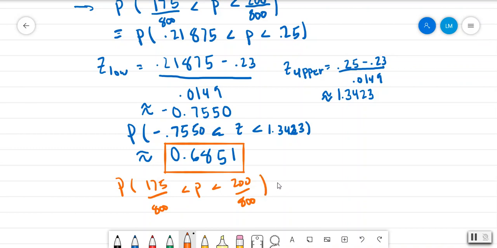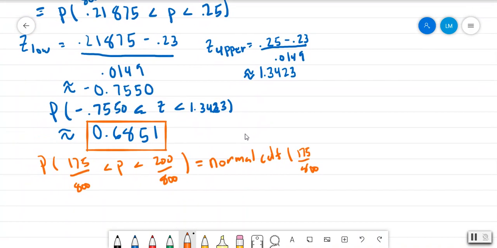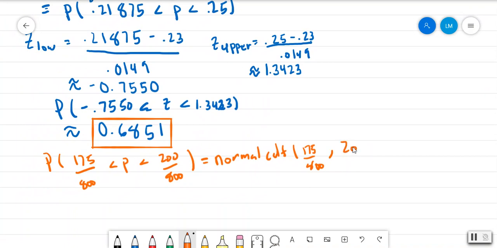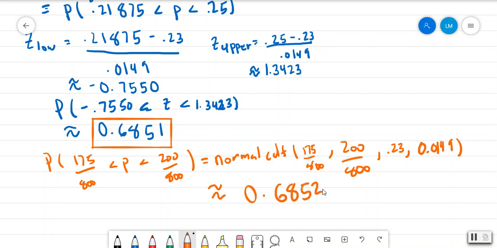I'm avoiding using the z-score. So we have normal CDF, 175 over 800, comma 200 divided by 800, comma 0.23, comma 0.0149. And then we close that, and that's approximately 0.6851.